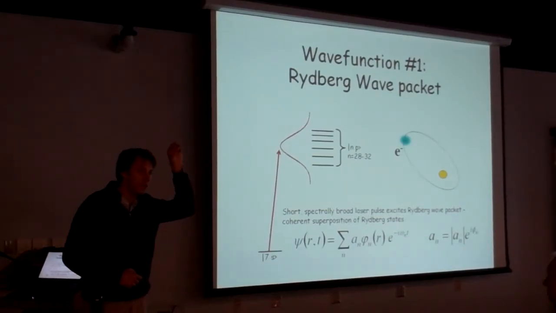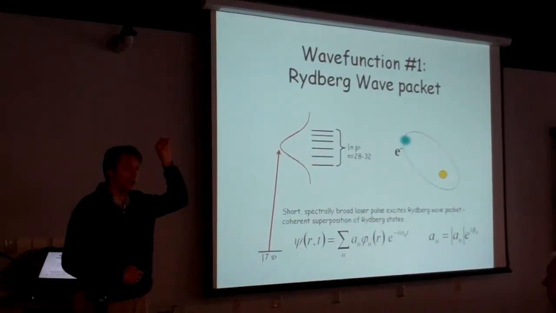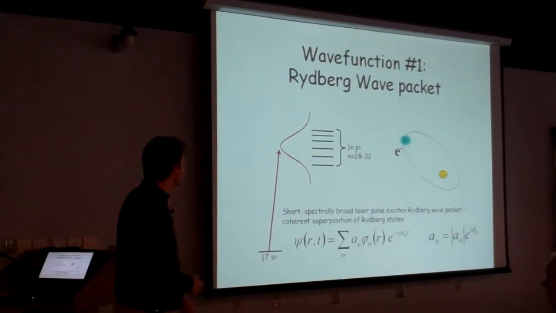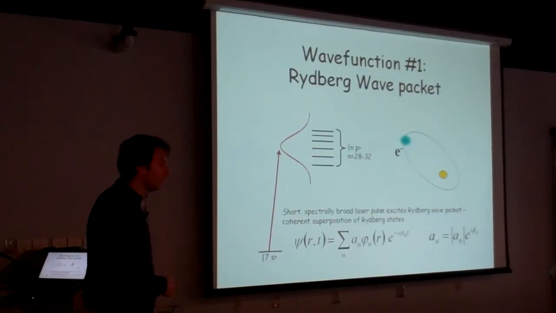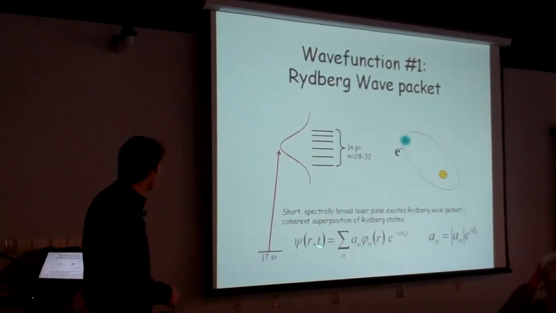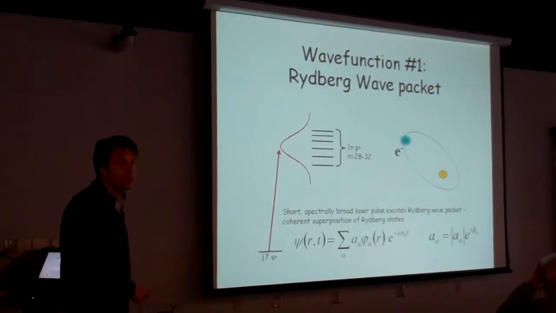It's localized, and it's far away from the core, so it's very weakly bound, and that's all that Rydberg atom means. So we now have this electron, which is localized because I've added together lots of eigenstates that are going to cancel in most locations and add up constructively from some very small region in space. And I want to know what that wave function looks like by measuring each of these complex coefficients.